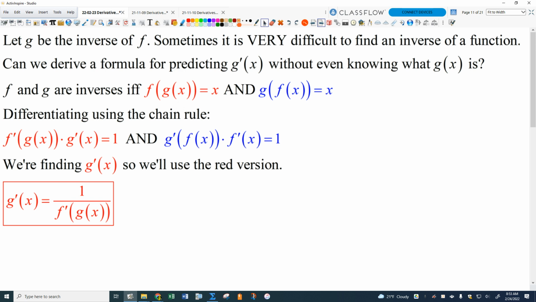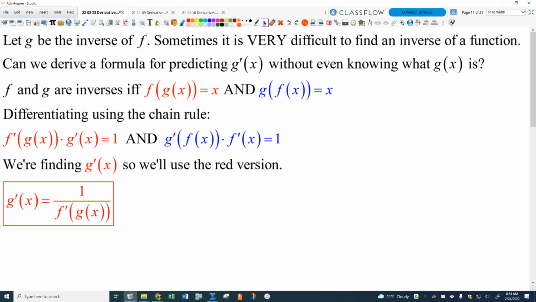So the first link in the chain is f prime of g of x times the next link, well, we'll look inside the function and take the derivative of what's inside. So we're going to get times g prime of x equals the derivative of x with respect to x, which is 1, right? And then if we were to flip that around, it's the same situation, we've just transposed the functions here with the blue statement.